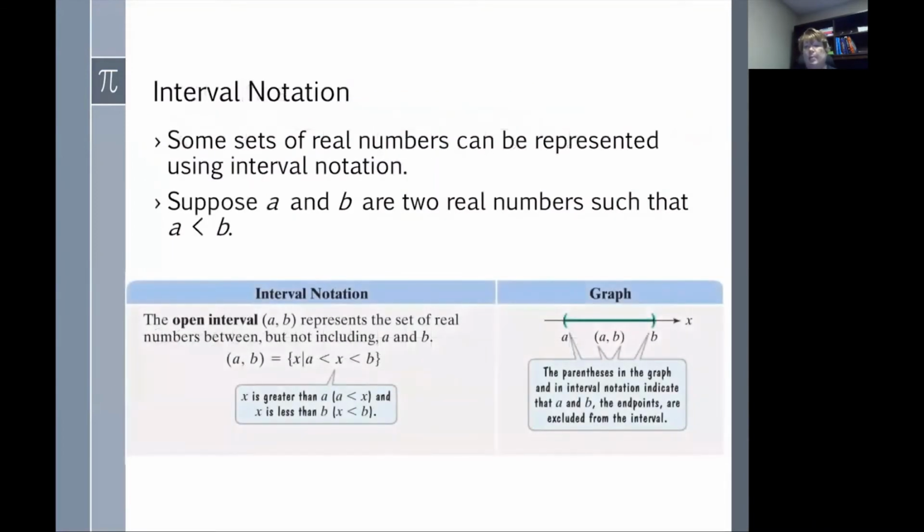All right, so let's summarize all this. Let's talk about interval notation.